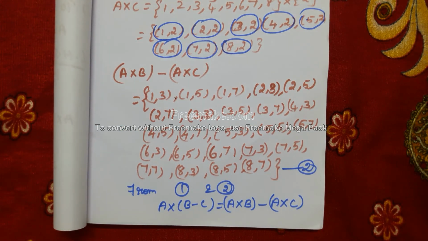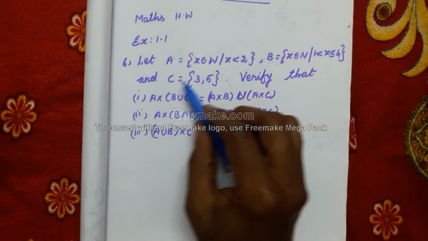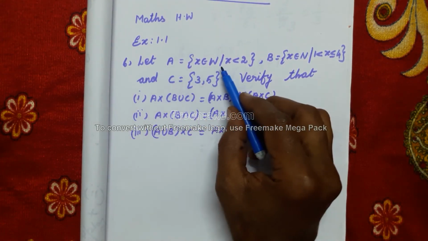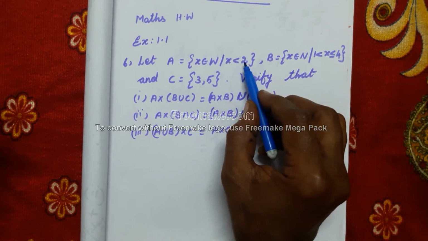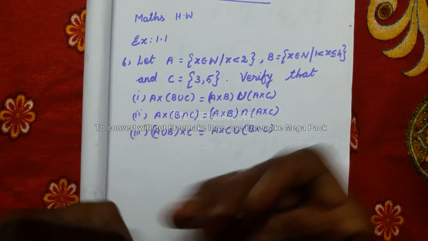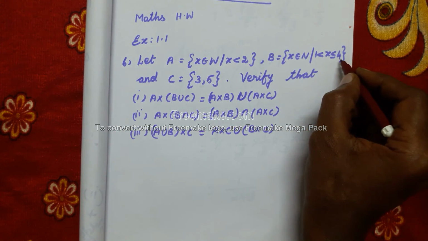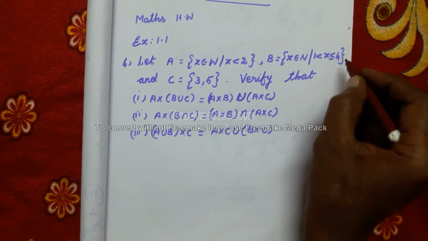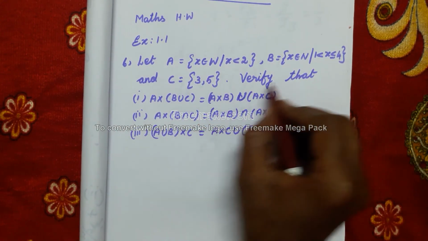Students, now I am going to give only one homework problem. Exercise 1.1, sixth problem is the homework. That problem you have to do. A is x belongs to W, x less than 2; B is x belongs to N, 1 less than x less than or equal to 4; C is 3, 5.